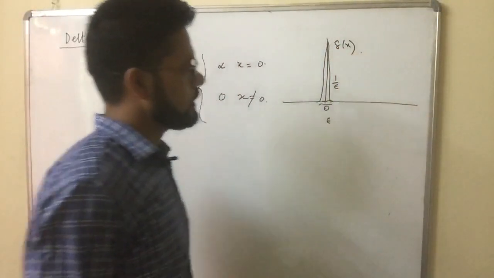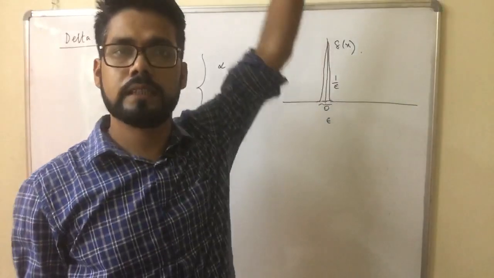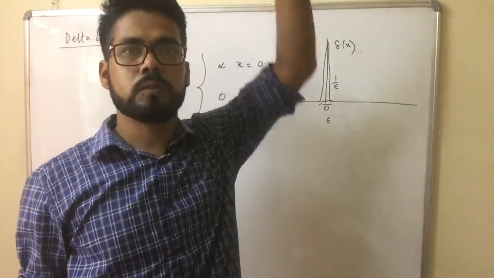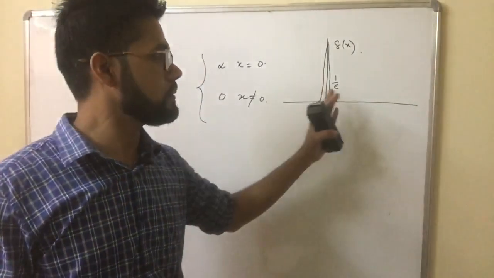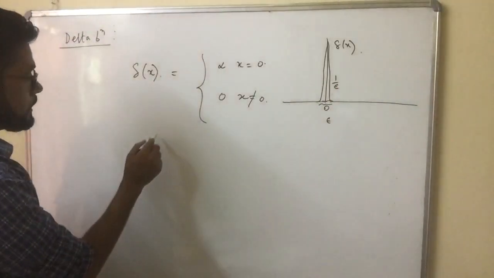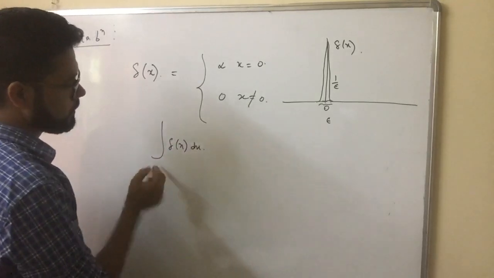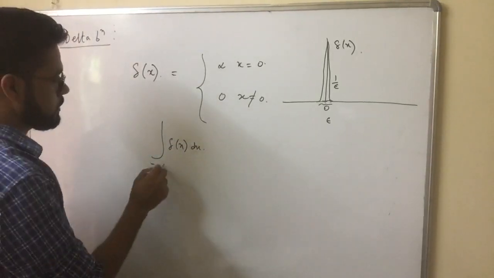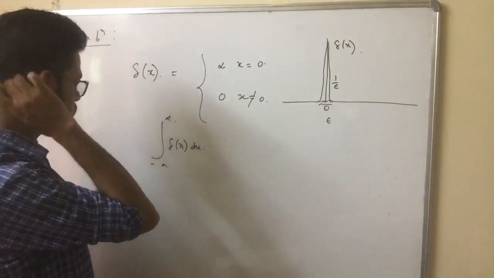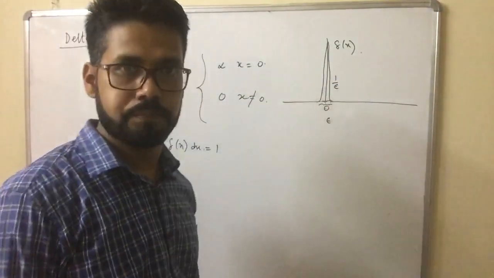This means the delta function at x equal to 0 is a small spike of infinite height, but at every point except 0 it is 0. But the area of the delta function is always equal to 1. The integral from minus infinity to infinity gives the area of this spike, which is always 1.